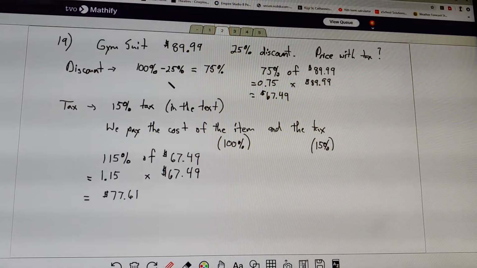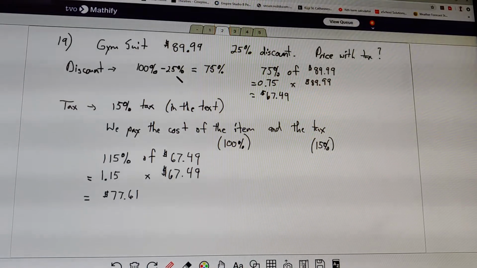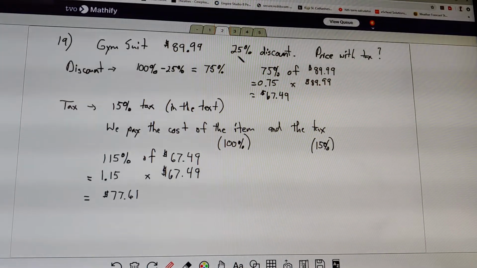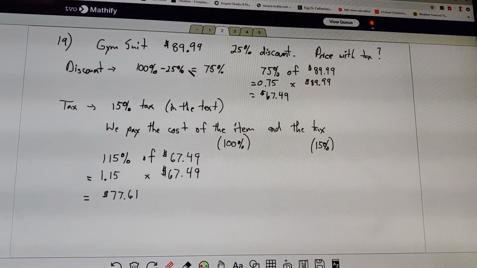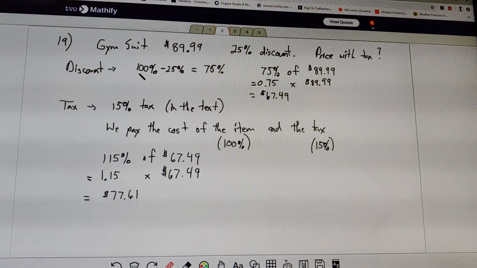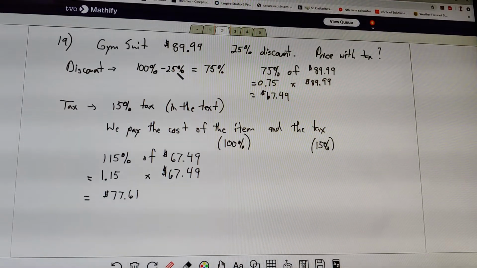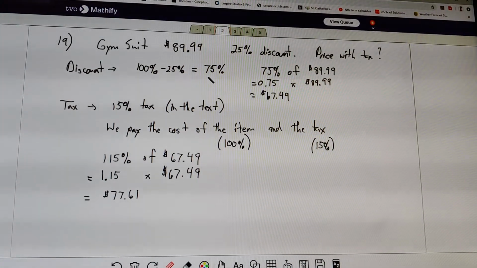So let's figure out the discount first that they've knocked off. If you remember in class, I like to work with the percentages first. They're taking 25% off. Let's deal with that. The original price was all of it, 100% of the price. They've taken 25% off, so you're left paying 75% of the original price.